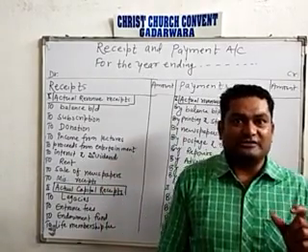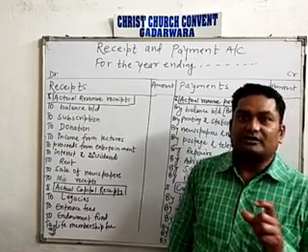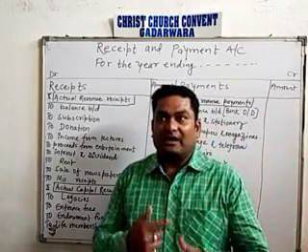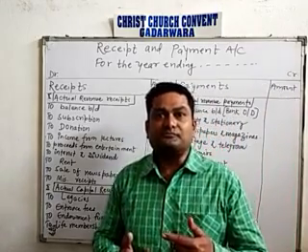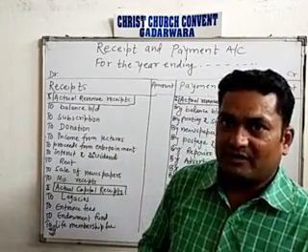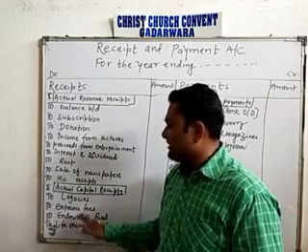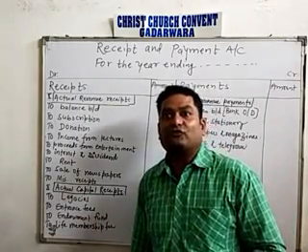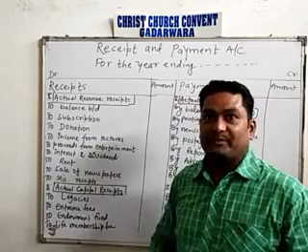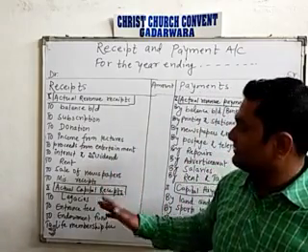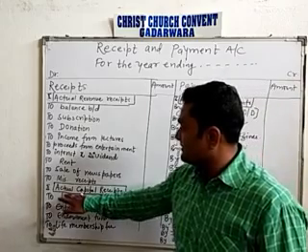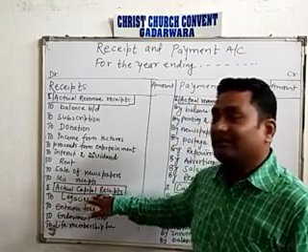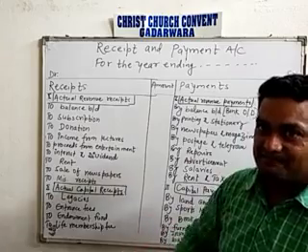Revenue means those which are on the accrual basis. Every month, every year it happens. And capital receipts are fixed and for a lump sum. It's a big and huge amount. For that we use the term capital receipts or capital payments.